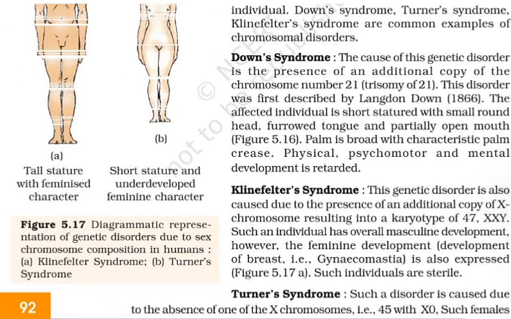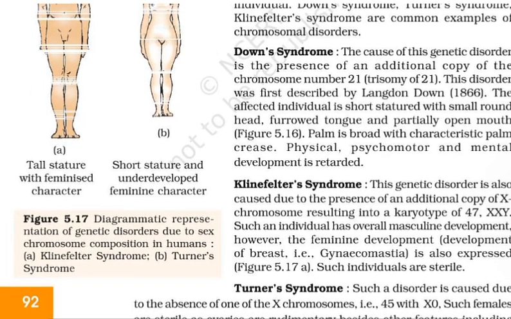ठीक है? Clear? Now we are going to read Down syndrome. The cause of this genetic disorder is the presence of an additional copy of chromosome number 21. कौन सा chromosome number 21? This disorder was first described by Langdon Down in 1866.